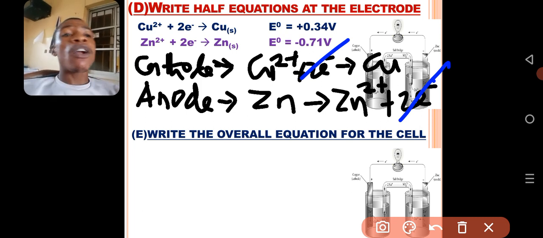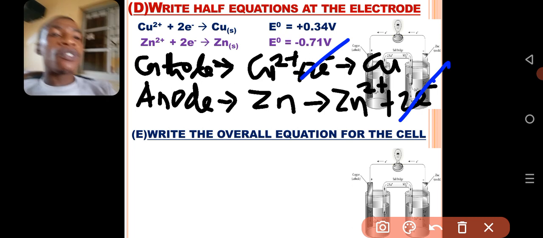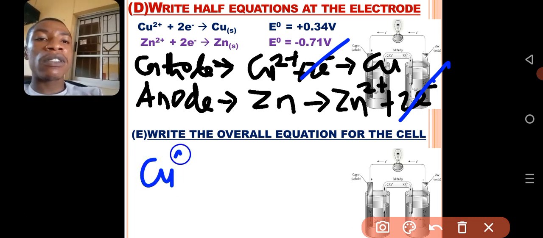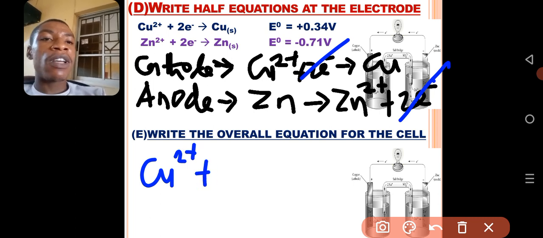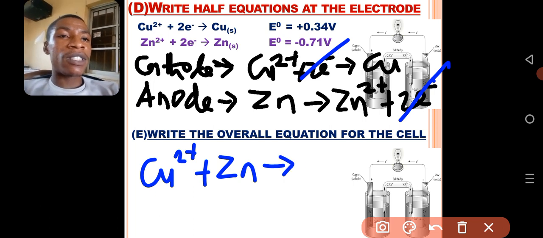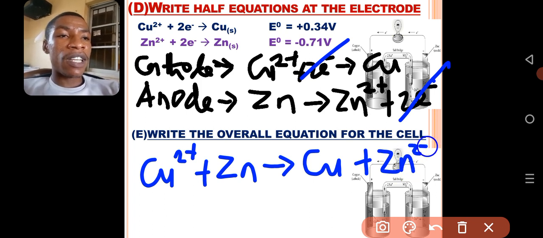So let's write our overall equation for that reaction. So what do we have? At the reactant side, we have Cu2+ aqueous plus Zn solid, giving us what? Cu solid plus Zn2+ aqueous.